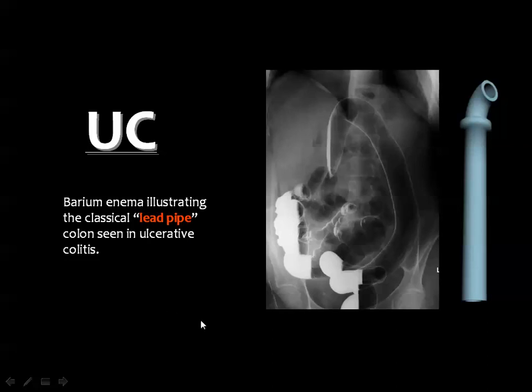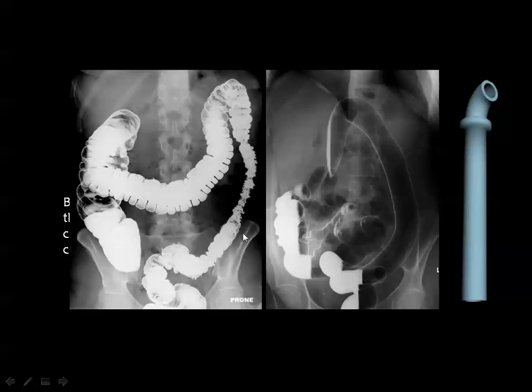Ulcerative colitis is also one of the diseases that can affect the small bowel, but particularly it affects the colon, and this will lead to a very famous configuration known as the lead pipe configuration of the colon, meaning that the colon is narrowed and its wall is very smooth, compared to the normal colon, where you can see the haustra everywhere. The colon is transforming into something like a lead pipe.